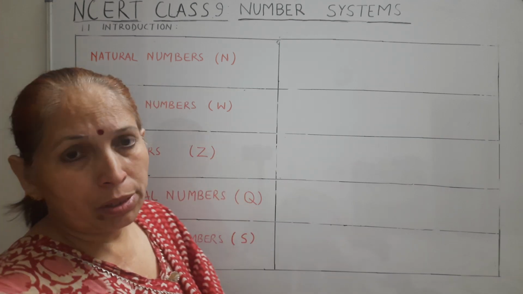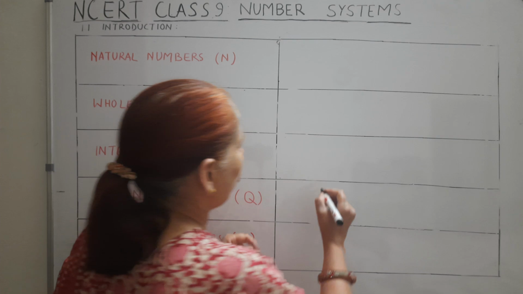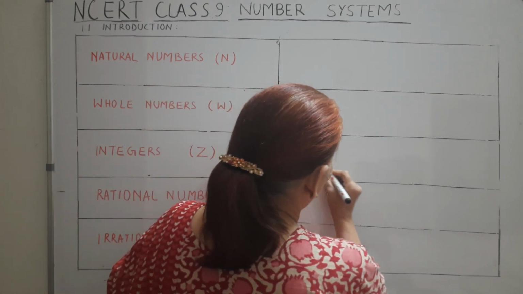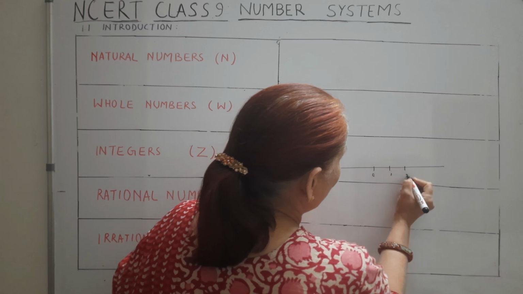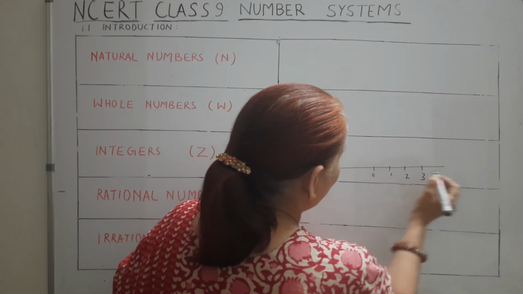First is natural numbers. Suppose we have a number line like this. Here it is 0, here it is 1, 2, 3 and so on.